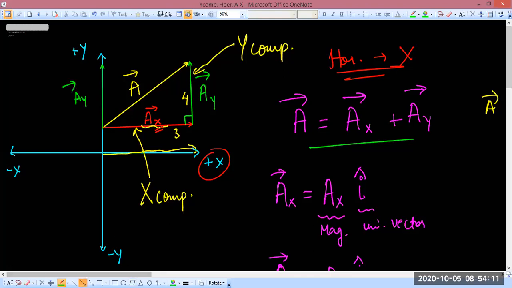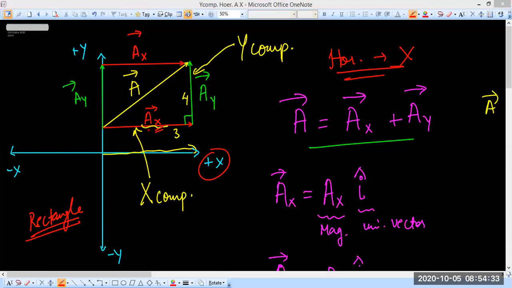And similarly, if I draw AX from here, do you see this is also parallelogram law? I hope that makes sense, right? See, this is that rectangle which I was drawing, if you understand. I hope you realize why we were making a rectangle. Okay.